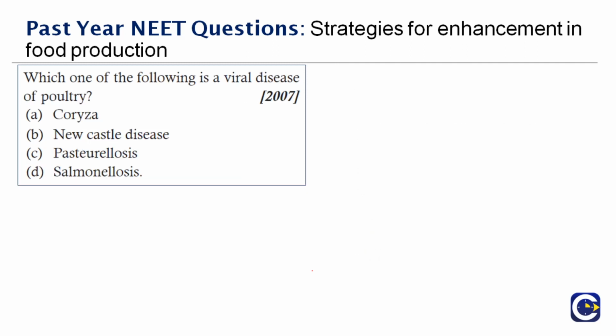Next question. Which one of the following is a viral disease of poultry? Now you have to analyze the options to understand which one is a viral disease. First of all, salmonellosis is a bacterial disease, so that is not the answer.